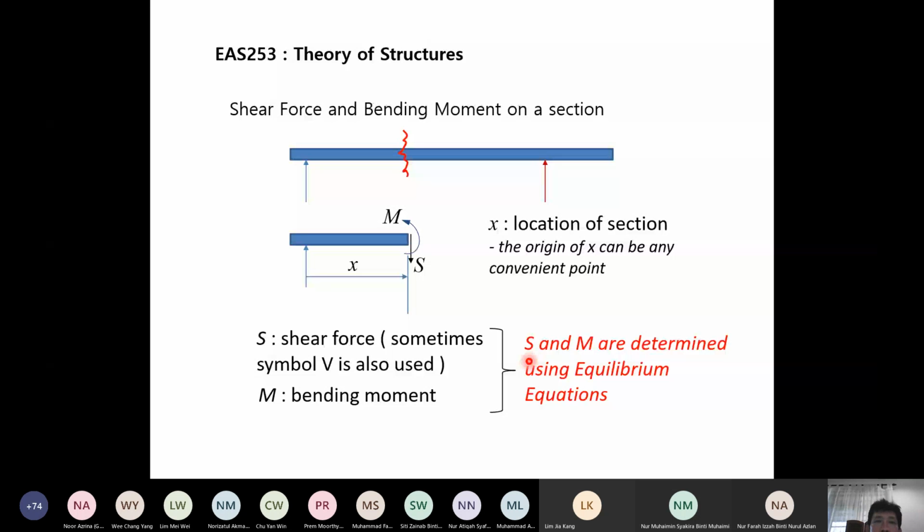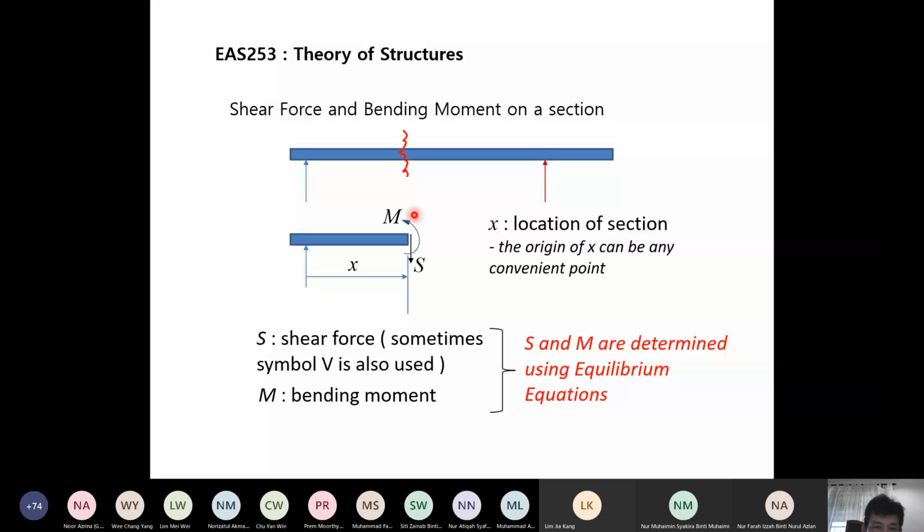So I show you here that basically when we want to determine shear force and bending moment, you need to do cuts. You need to know where to cut. Where are the sections where the bending moment and shear force are required. So we use this symbol like this, cuts, or we use a dotted line and we cut this, the beam will separate into two.